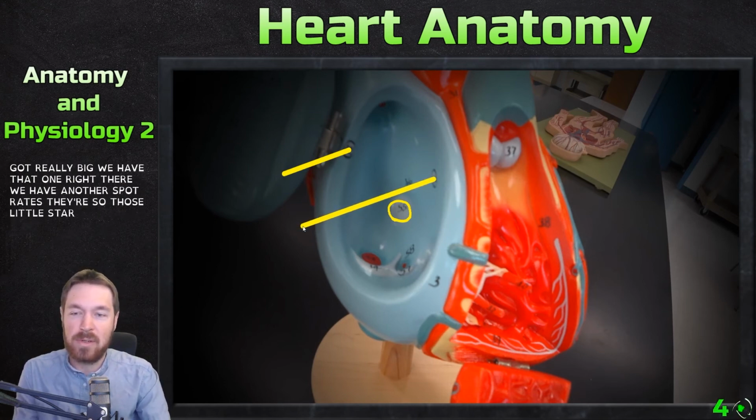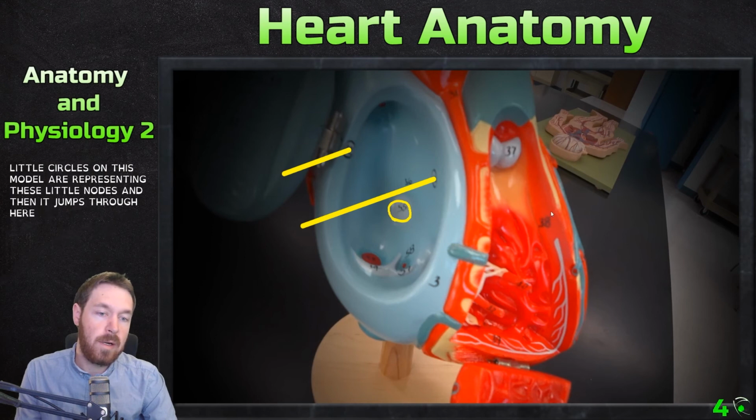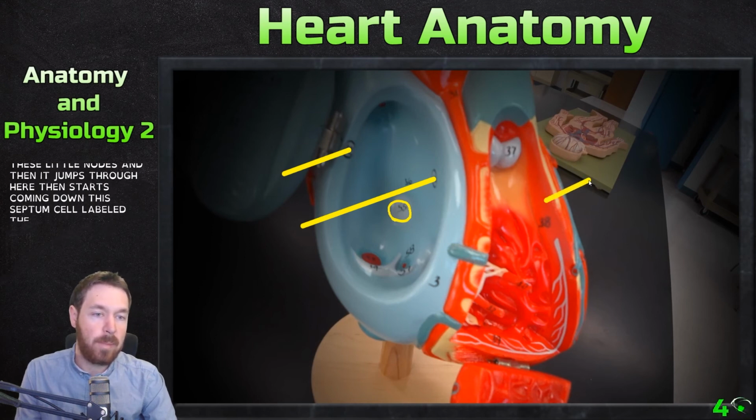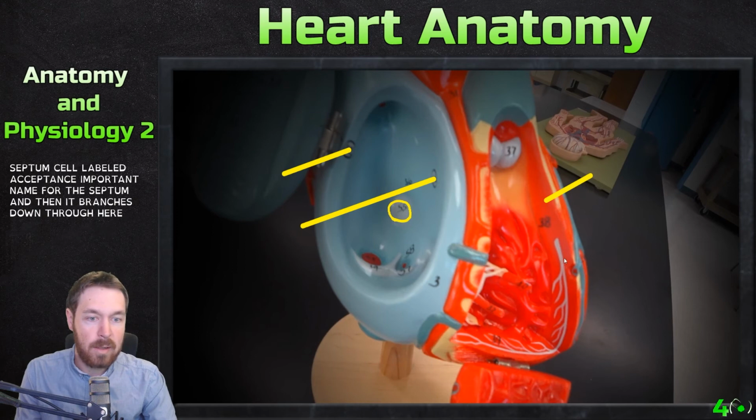So those little circles on this model are representing these little nodes. And then it jumps through here then starts coming down this septum. So I'll label this septum. It's an important name for this septum. And then it branches down through here. And then this white here, these are nerve fibers conducting down through.